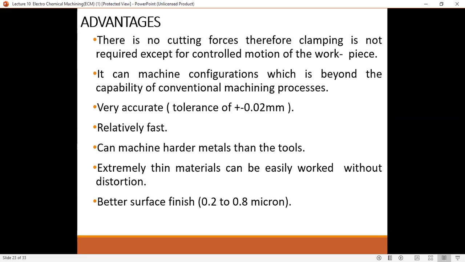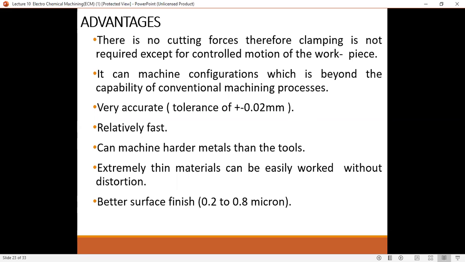Second, it can machine configurations which are beyond the capability of conventional machining processes. In terms of this, it's referring most often to the surface finish, because as mentioned just now, it's machining at the atomic level, so you can achieve a very good surface finish using this process. And there's no stress involved, so you get finished goods without any built-up stress.